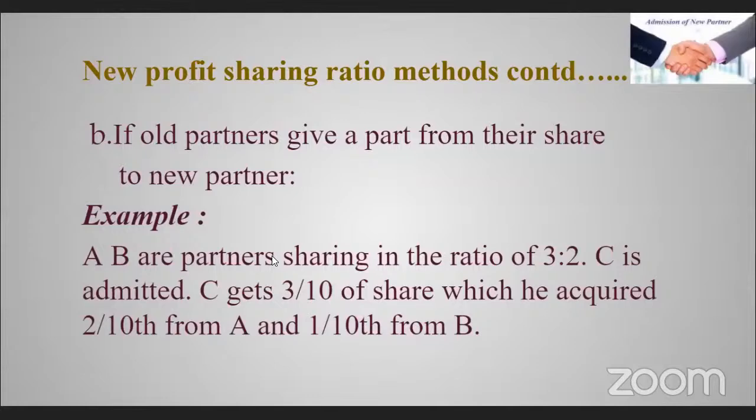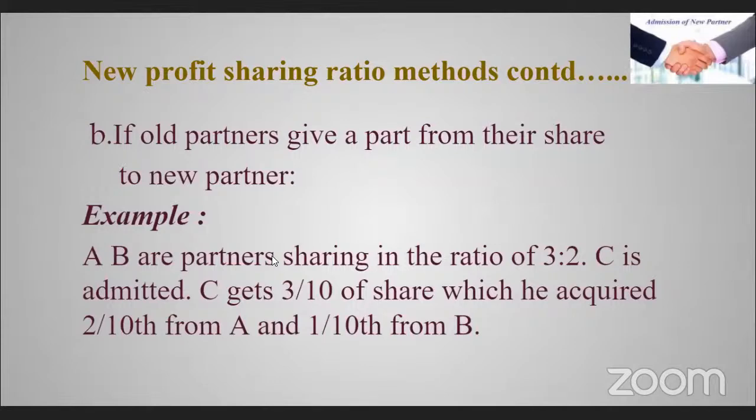Again, I repeat, look carefully at how the question was given: A and B are partners sharing profit in the ratio 3:2, and they admitted C, and C is getting a total of 3/10 of the share, of which 2/10 from A and 1/10 from B.